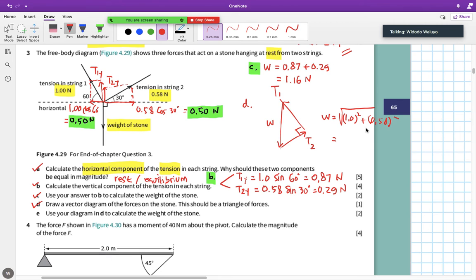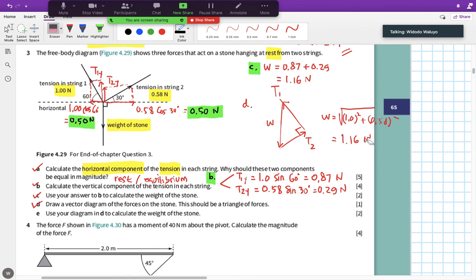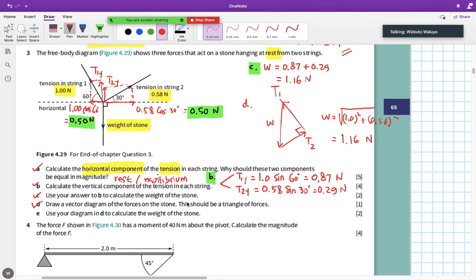This is the same as 1.16 Newton, as in option C. You see this 1.16, this is also 1.16.